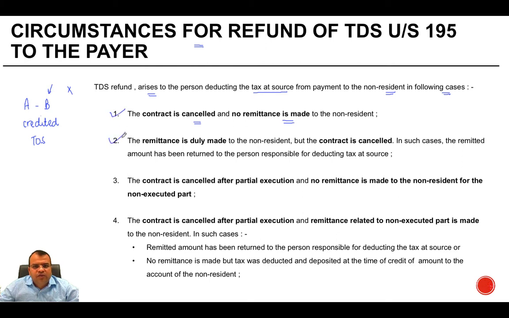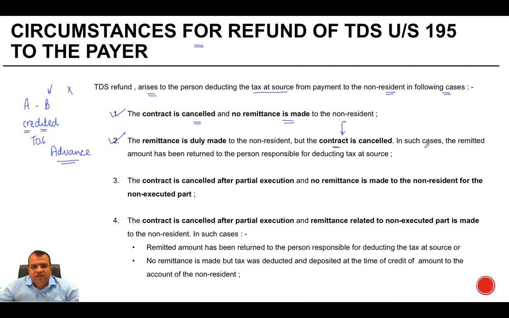The remittance is duly made to the non-resident, but the contract is cancelled. So suppose instead of credit, A had given an advance to B, and for such an advance TDS was deducted, because TDS has to be deducted at the time of credit or payment. But subsequently, before any work could be done, the contract was cancelled.